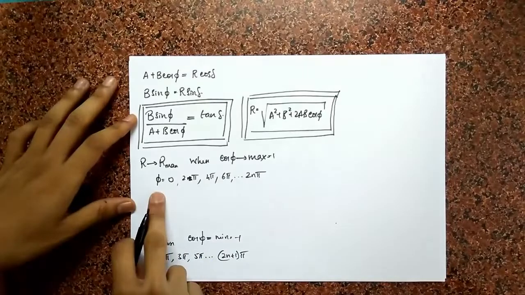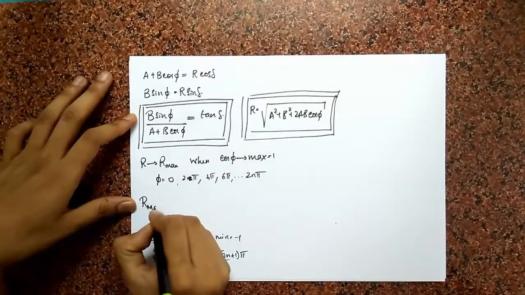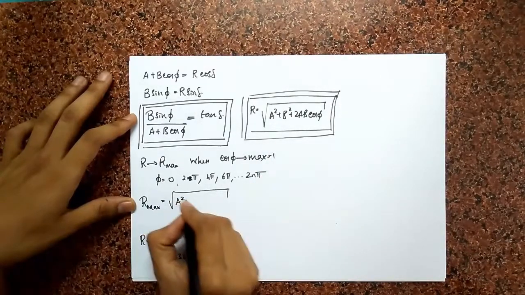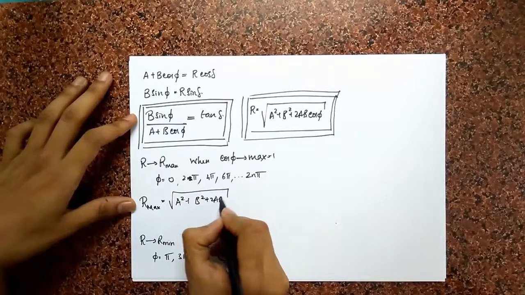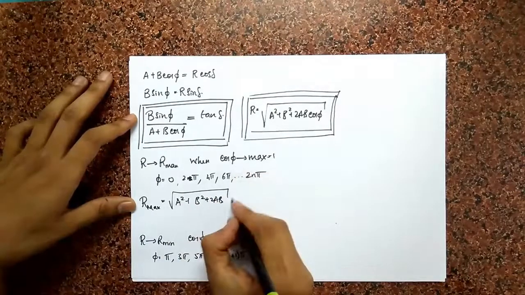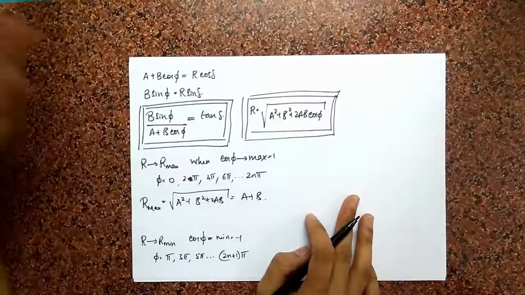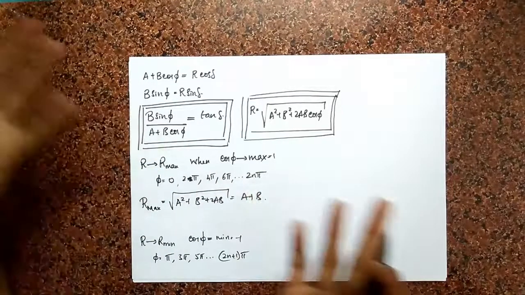All right. Let's look at what's going to be the resulting maxima. So R max is going to be the square root of a square plus b square plus 2ab. Cos phi is 1, remember, so it just becomes a plus b. That makes sense. When they have maximum value, the two just add up.